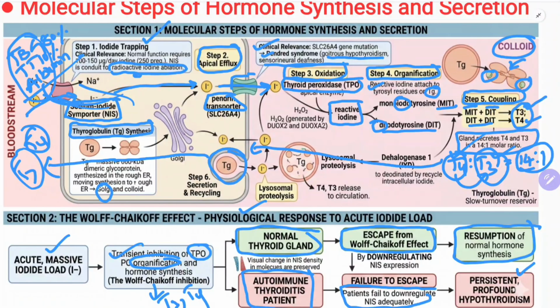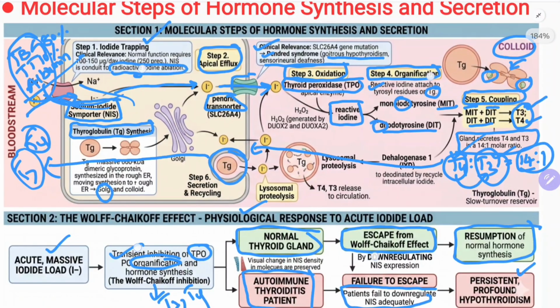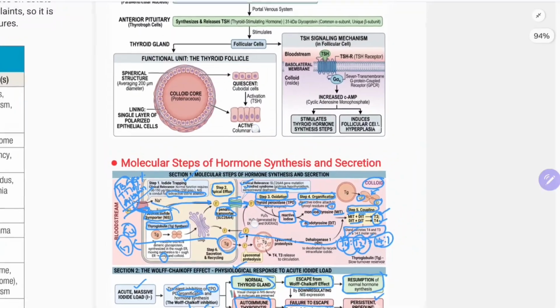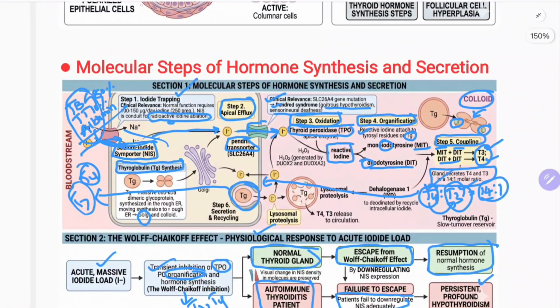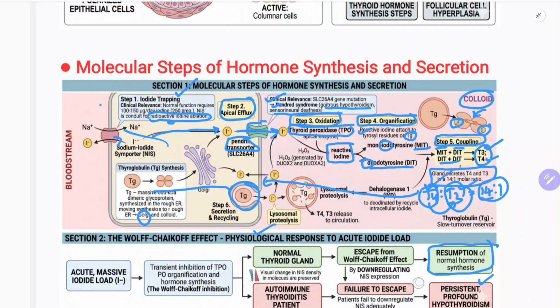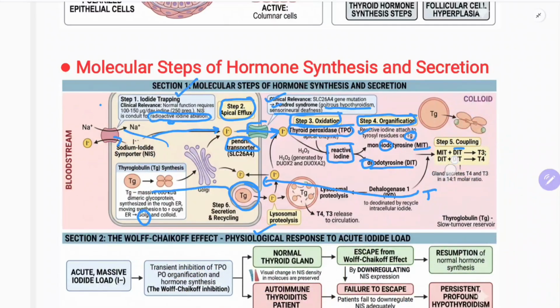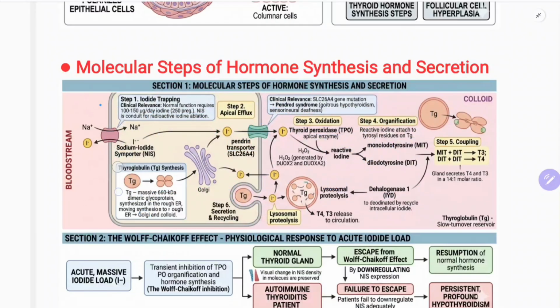So that will lead to persistent profound hypothyroidism. That is the drawback of the affected thyroid gland in patients with thyroiditis. Hope you have understood the physiology of this. So the Wolff-Chaikoff effect is basically the thyroid gland protecting itself from a high iodine load.